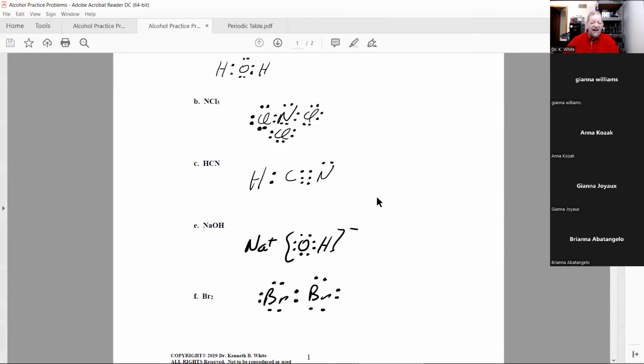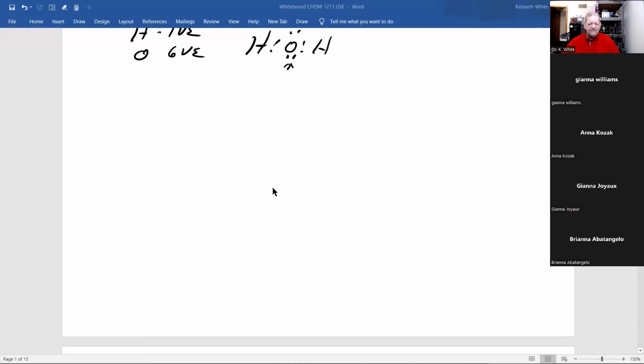Now, if we were to look at B, the only way you can make this work is with nitrogen in the center. Now, an important thing, and let me rewrite this on my whiteboard. That's not my whiteboard. That is. Remember, this is called ammonium trichloride.